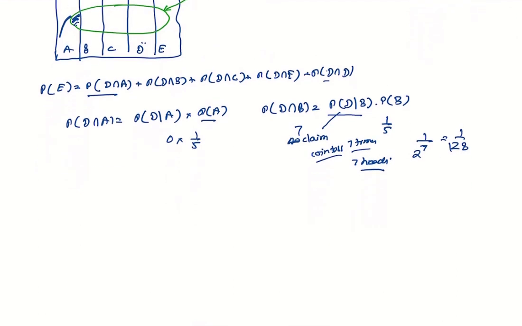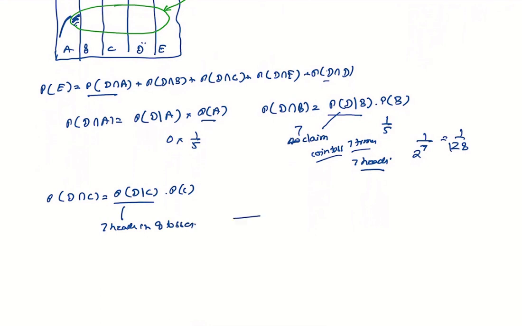And this is how we will do the rest of them. The probability of D and C is probability of D given C times probability of C. Now what is the probability of D given C? Now we are getting 7 heads in 8 tosses.